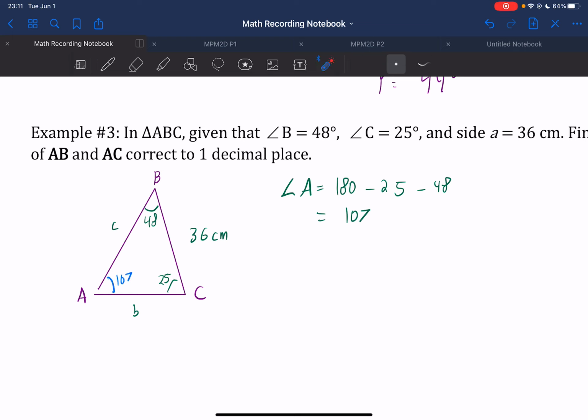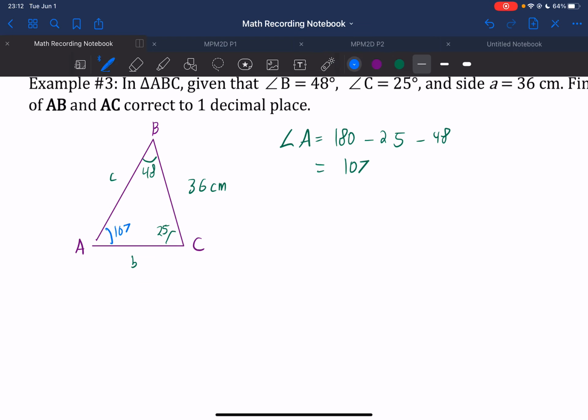Now that we have a known angle and, across from it, a known side, we can solve for B and C. I'm going to start off with solving for C, and once again I'm going to put our sides on top to make our solving easier. So we have C over sine C equals A over sine A, where we fill in what we know.